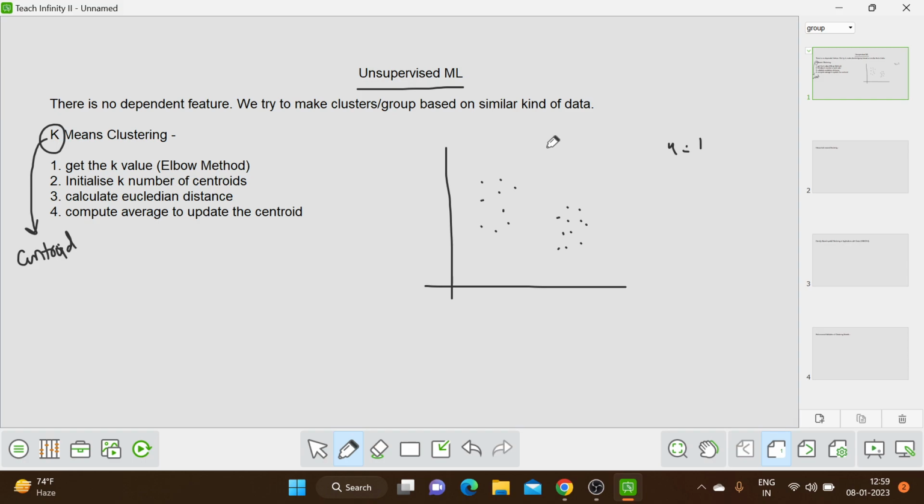I suppose I make k over here. I try to calculate the distance between these points. Next I initialize k equal to 2. Suppose k is here, I calculate the distance.